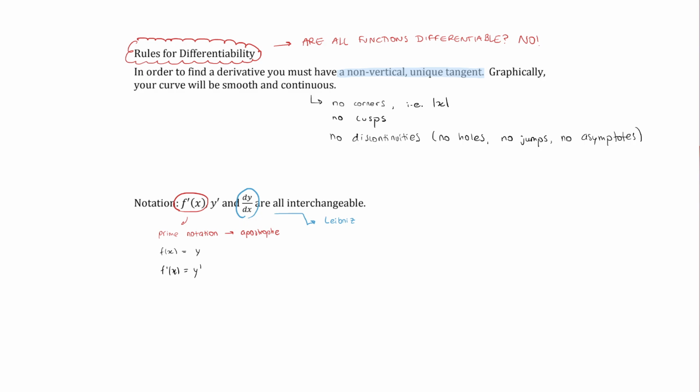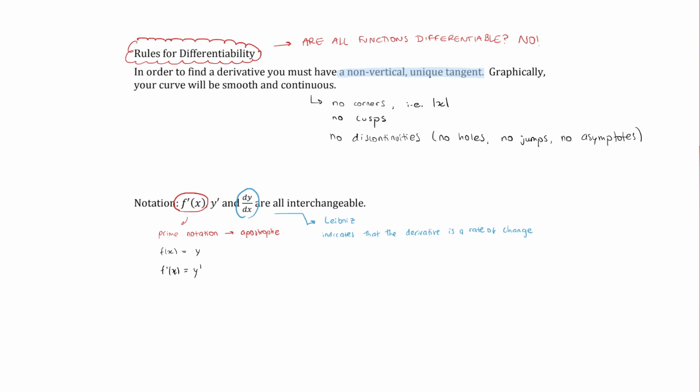It indicates that the derivative is a rate of change. So we know that the derivative gives us the instantaneous rate of change of a function at a specific point, right?